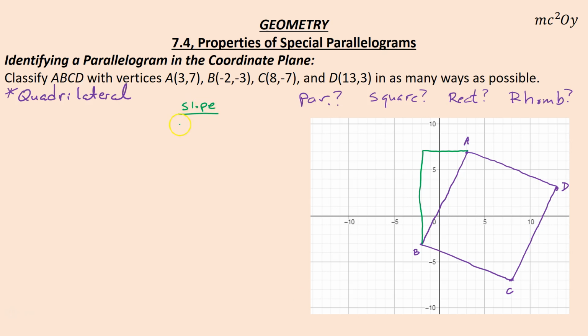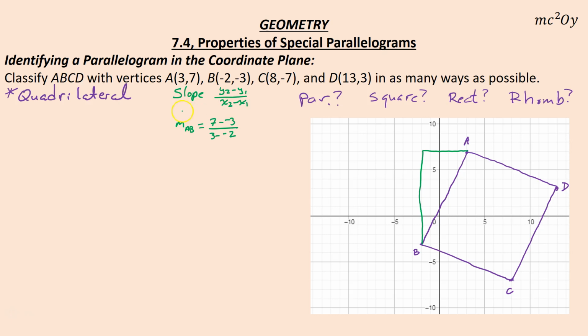Calculating slope, I know that the slope of AB is equal to 7 minus negative 3 over 3 minus negative 2. Now, it might be important for me to actually list the slope formula just for those who don't recall it. The slope formula is y2 minus y1 over x2 minus x1.